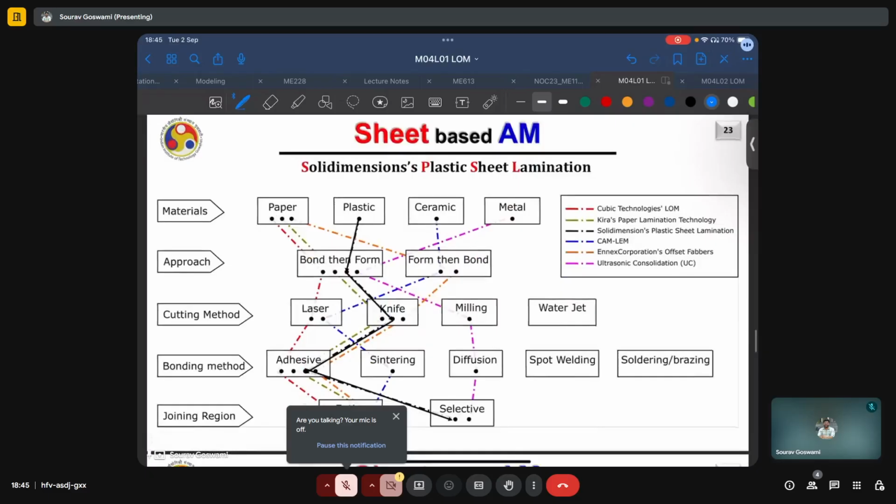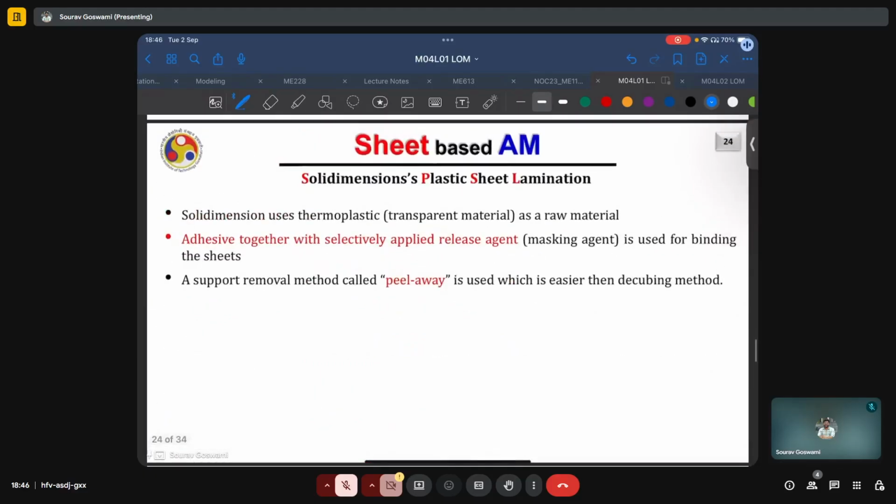The next process using plastic as the material in this case is solid dimensions, plastic sheet lamination, where the feedstock is plastic. The approach remains bond and form. Cutting is done again using a knife. Bonding method uses an adhesive, but in this case, the joining happens over a selective region.